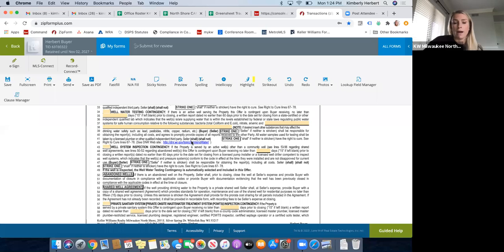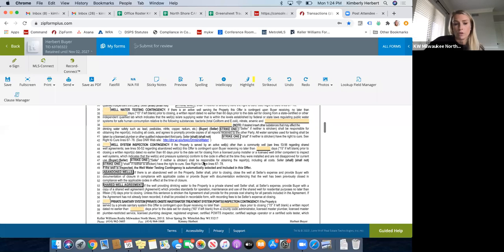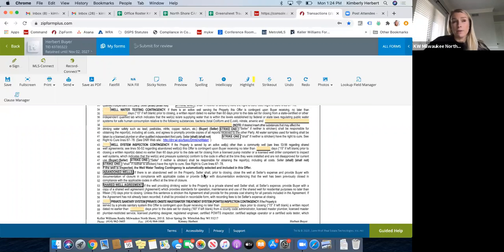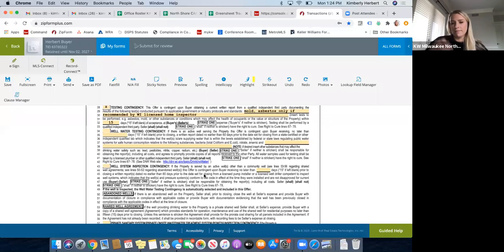And then the buyer can dictate whether the seller shall or shall not have the right to cure with all these contingencies. In all these different instances where it might say seller, if neither is stricken, do people usually just always strike though? I would say there are definitely agents that don't, but I would say that's just being kind of lazy, and you always want to verify that you're striking.